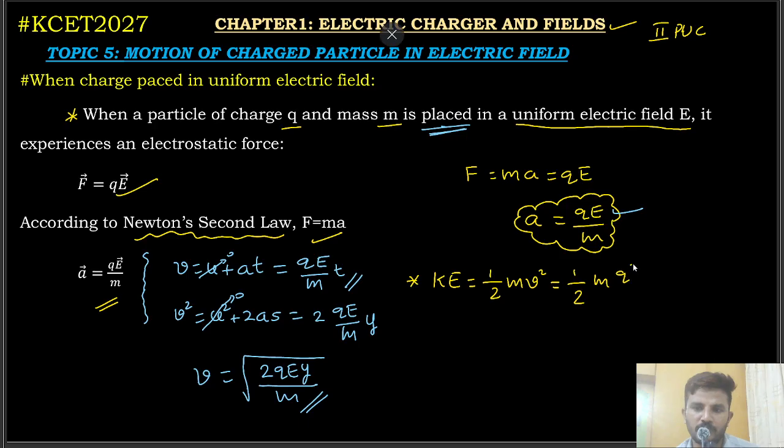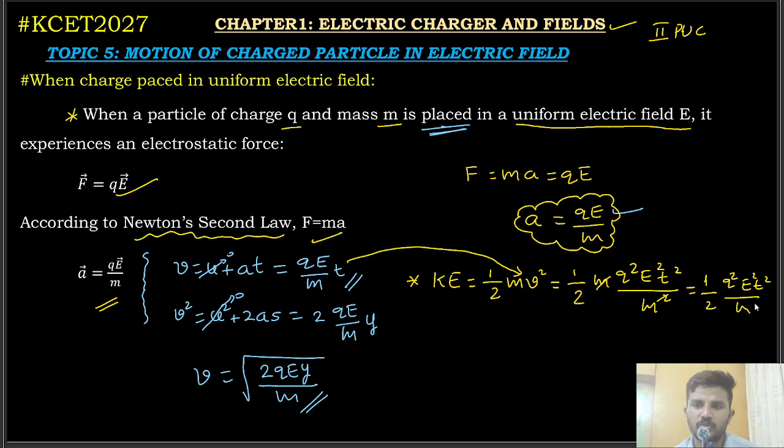Let me substitute one by one. v square is E square q square t square divided by m square. This is in terms of t. So I get half into q square E square t square by m. This will be the formula for kinetic energy after time t.